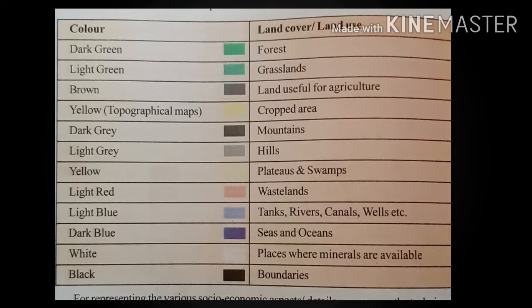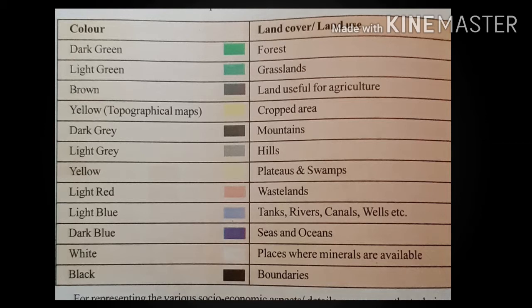Here you can see in your textbook: dark green color denotes forest, light green grasslands, brown color denotes land useful for agriculture, yellow color cropped area, that means cultivated area, dark grey mountains, light grey hills, yellow plateaus or swamps.